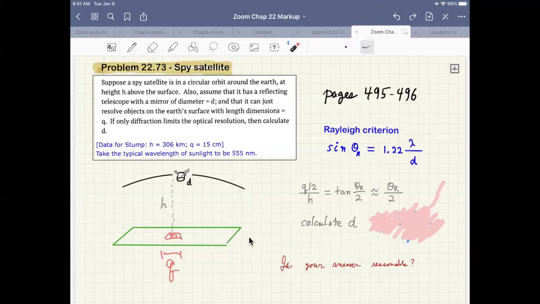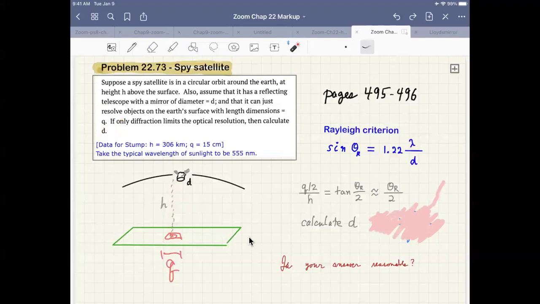Let's say it has a diameter d, and it can resolve surface of the Earth with linear dimensions q. So this distance is q. In other words, this little telescope here, which has a diameter d, so light from the object that it's looking at, so light is coming in here to the telescope with a very small angular separation.